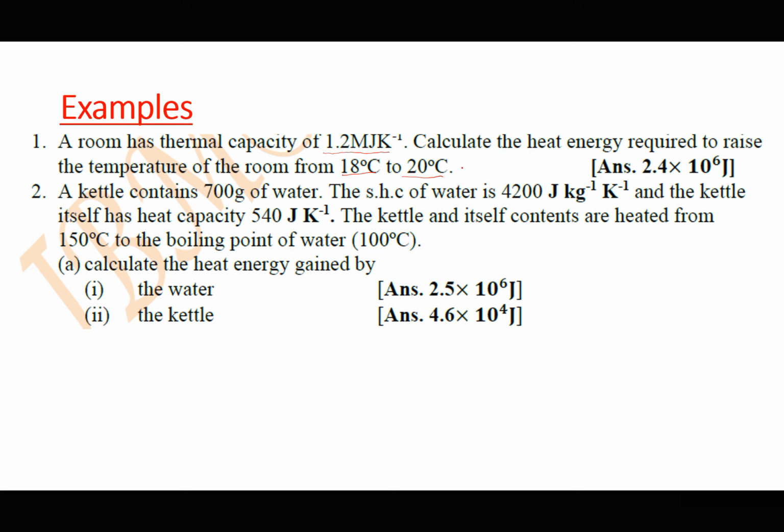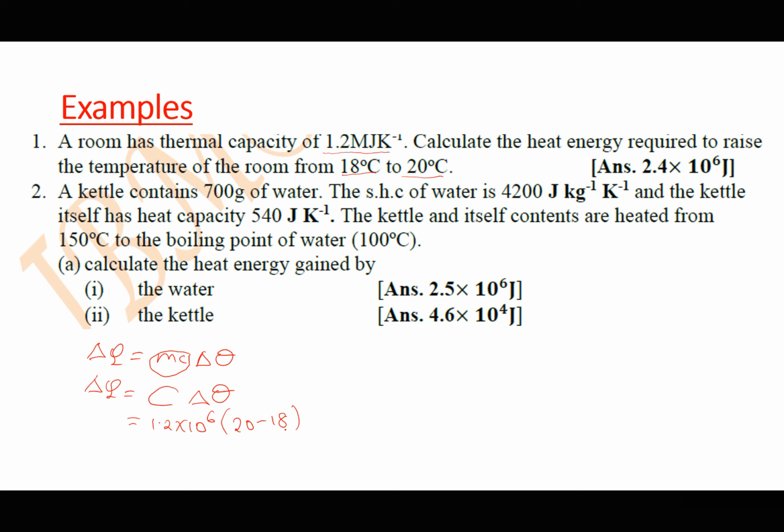So you will realize that here the mass is not needed. The amount of heat supplied is equal to mc delta theta, but remember m times small c is heat capacity, so delta Q will be equal to heat capacity times the change in temperature. So this will be equal to the heat capacity, which is 1.6 times 10 power 6, because it is given as megajoules per Kelvin, times the change in temperature, which is 20 minus 18.